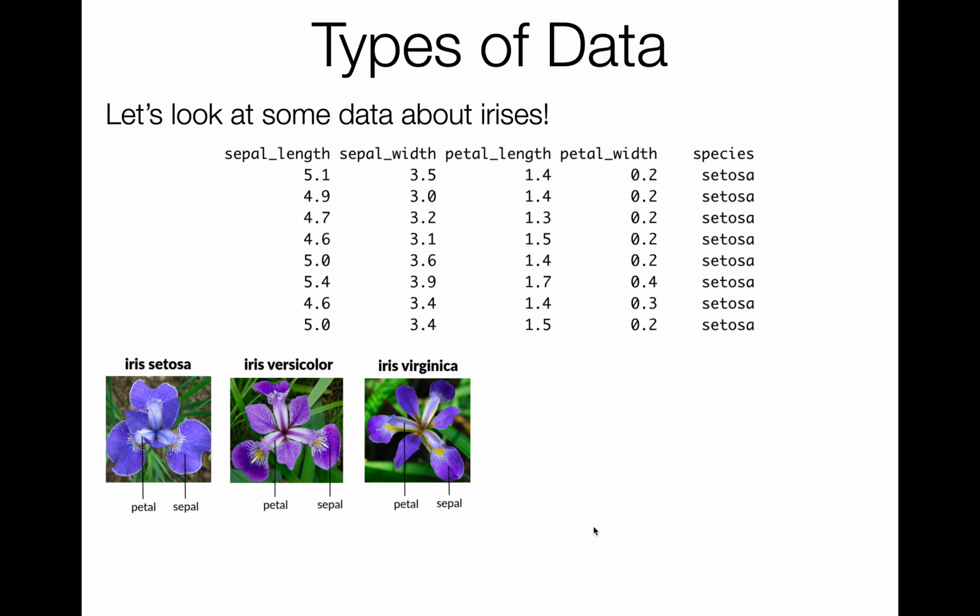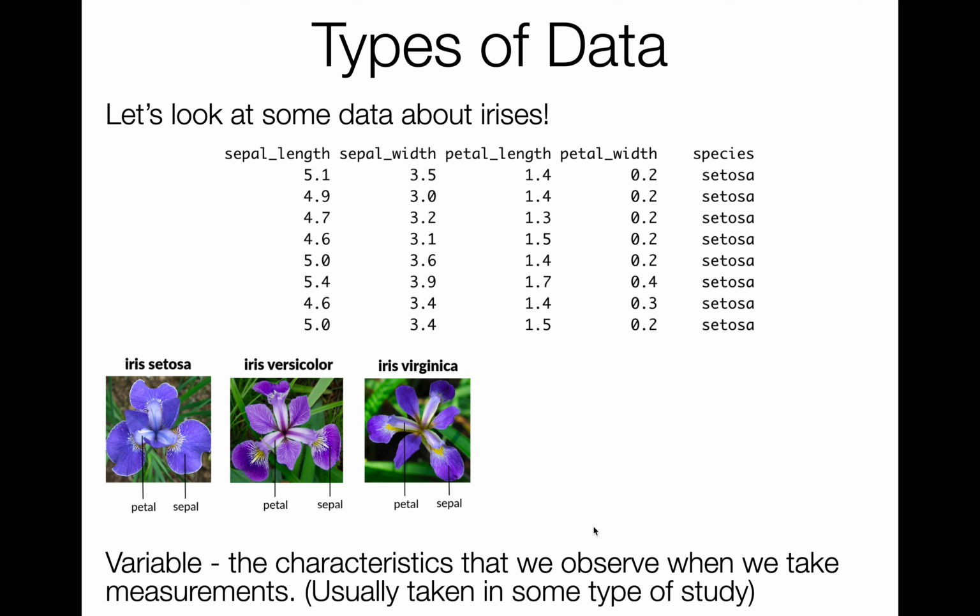The sepal is the wide thing that many of you might think of as a petal, but the petal is the long part coming out from the stem to the sepal. But anyway, that doesn't really matter. That's just me telling you too much information about irises. The variables in the data set that we have are sepal length, sepal width, petal width, and species. A variable is a characteristic that we observe when we take measurements.